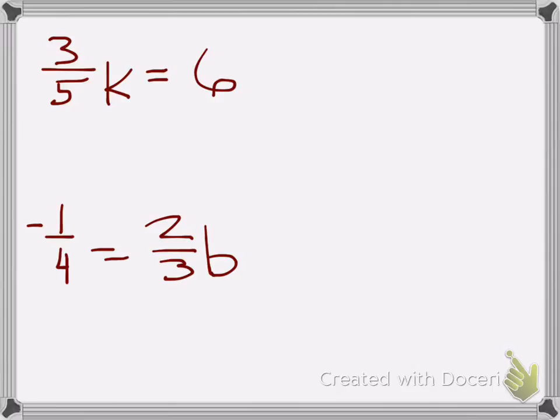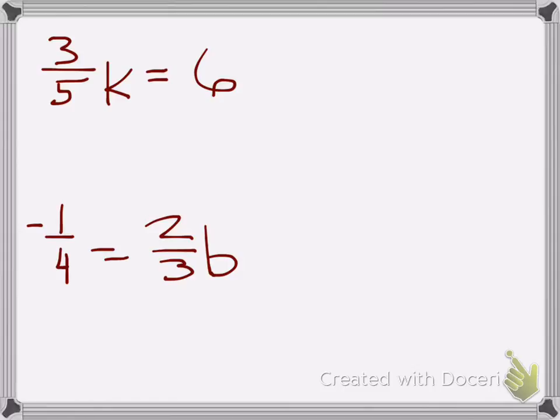This is actually a special way of solving. You would actually need to cancel out the fraction, and whenever you have a fraction, you're actually multiplying by its reciprocal to cancel it out.